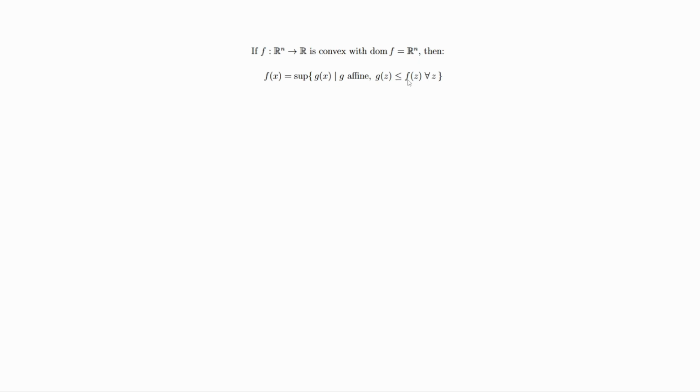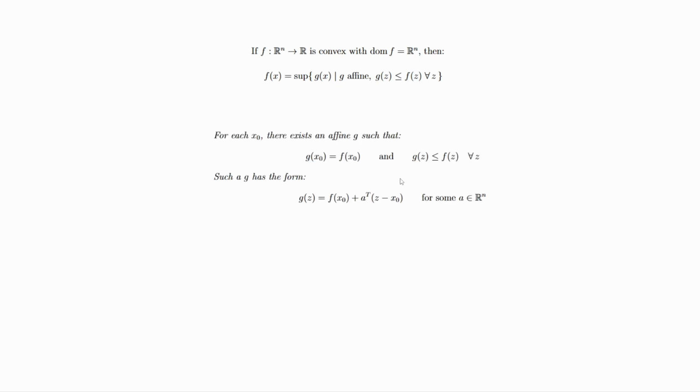So let's think about why this is true for a minute. Well, one direction is obvious. Any affine underestimator g satisfies g of x is less than or equal to f of x, so the supremum can't exceed f of x. So the other direction is the interesting part. At every point x0, you can always find an affine function that touches f exactly at x0 and stays below f everywhere else.